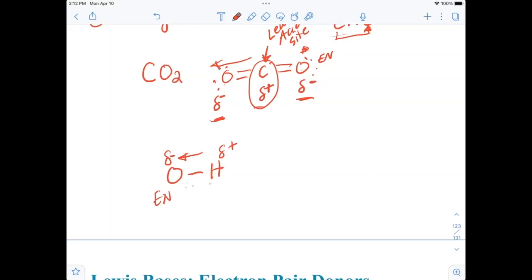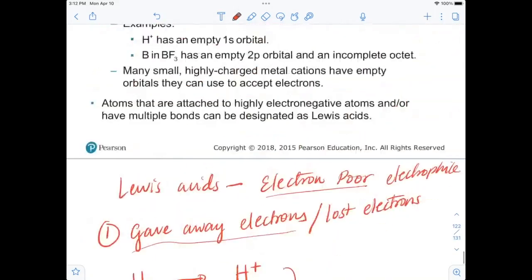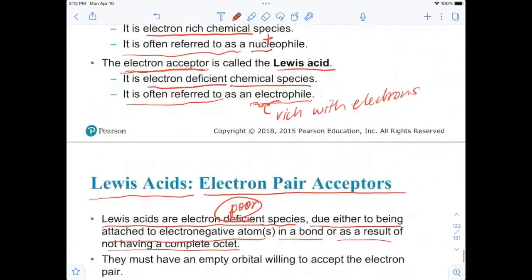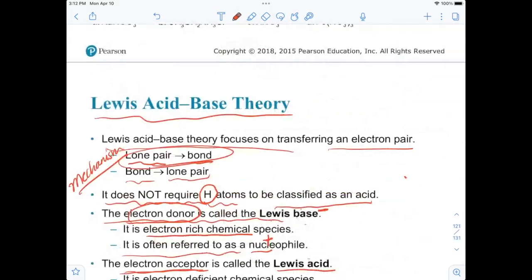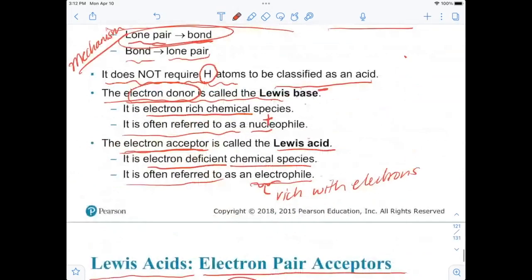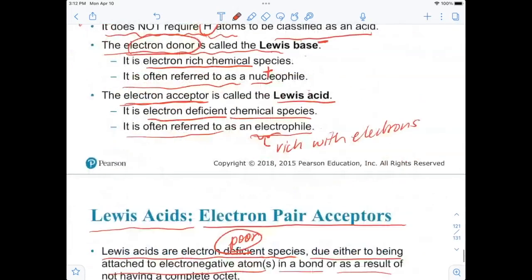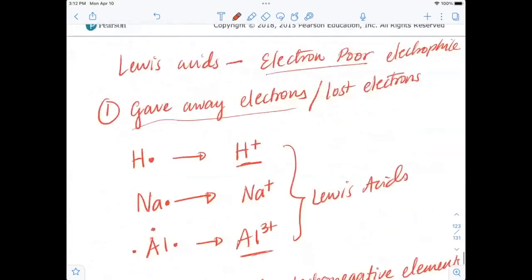Okay? So this one here becomes the Lewis acid site, the one that can take in electrons. And the way it takes in the electrons, it says right here, is by forming a bond. So the way it's taking electrons is forming a bond with the giver of electrons. So they form a bond.